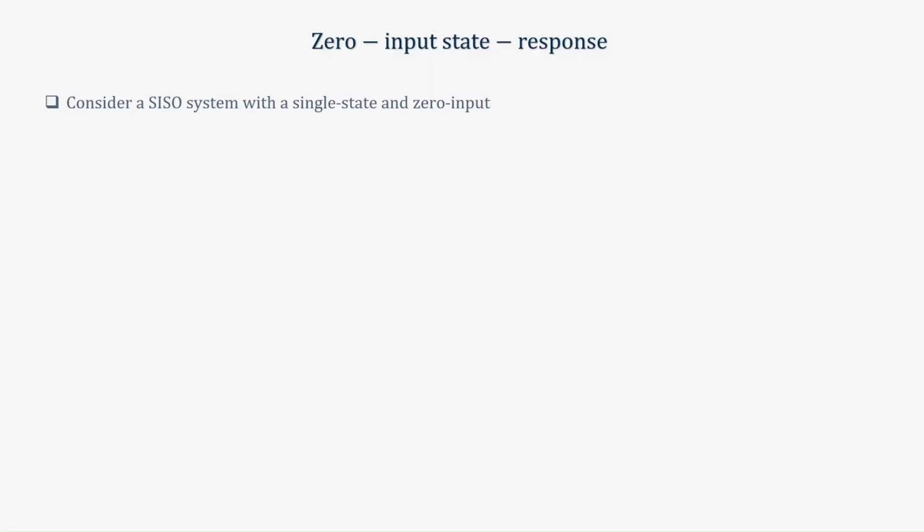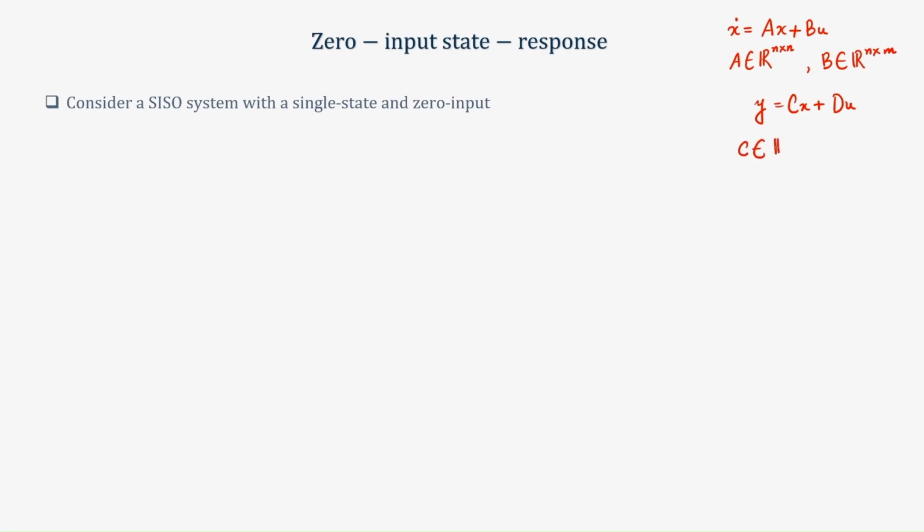Suppose we first consider a system which is single state and zero input. Remember our state equations are x dot equal to Ax plus Bu, where A is a real n cross n matrix, B is n cross m, and our output equation was y equal to Cx plus Du, where since I am not writing t anywhere, let us not write t for y also.